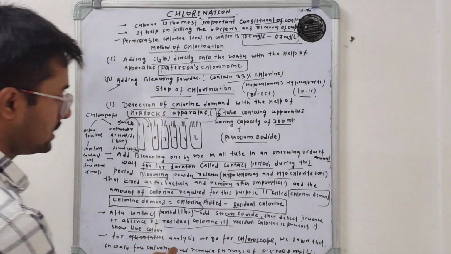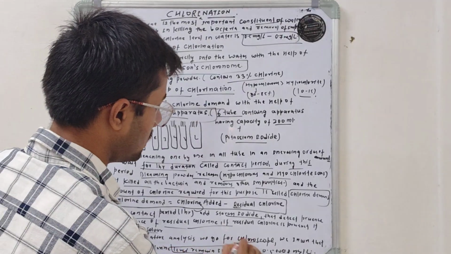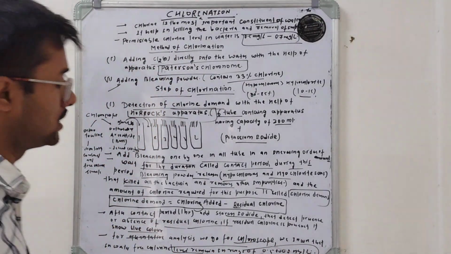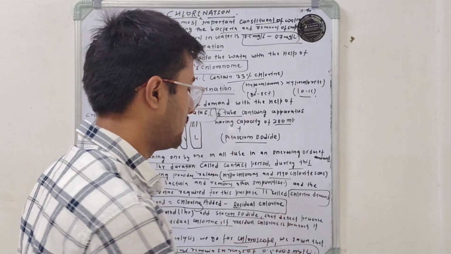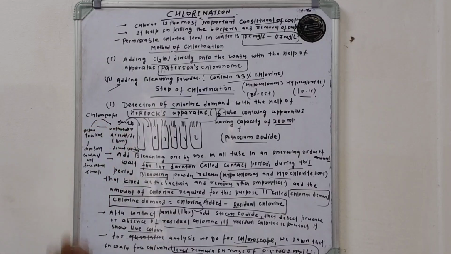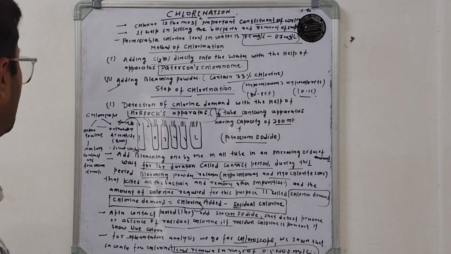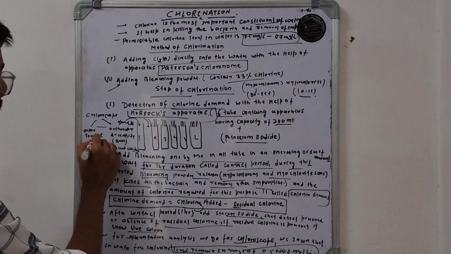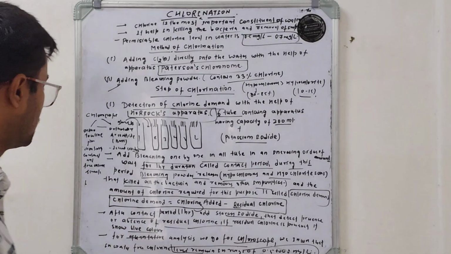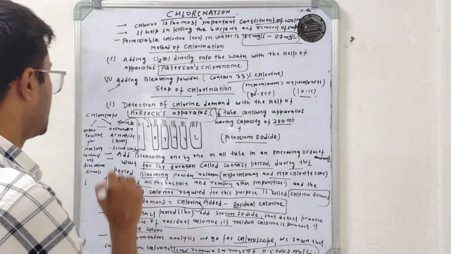In water, the residual range of chlorine is 0.5 to 0.8 milligram per liter. Chloroscopes work on two tests. One is the orthotolidine test. It can detect both combined and free chlorine, but simultaneously.